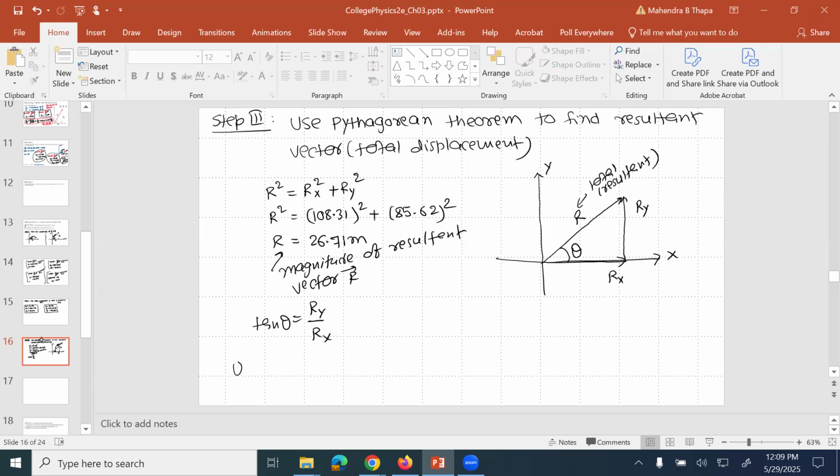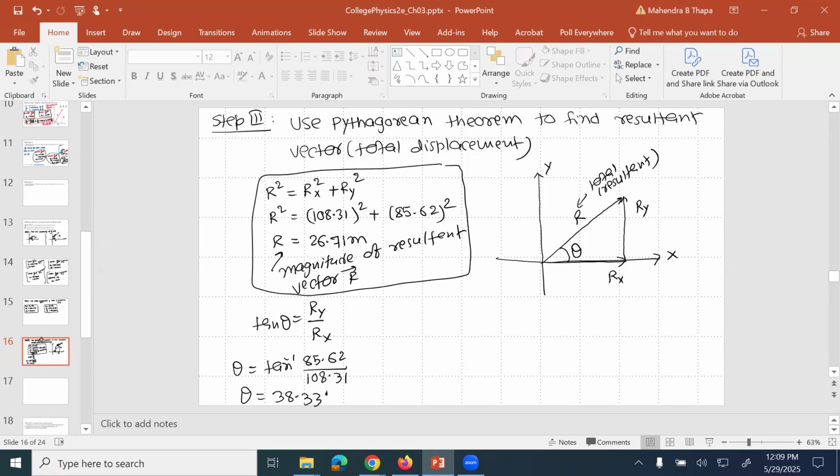So theta equals tan inverse of 85.62 over 108.31. That gives me theta equals 38.33 degrees. So we have the magnitude of the resultant vector, and this theta gives you the direction of the resultant vector.